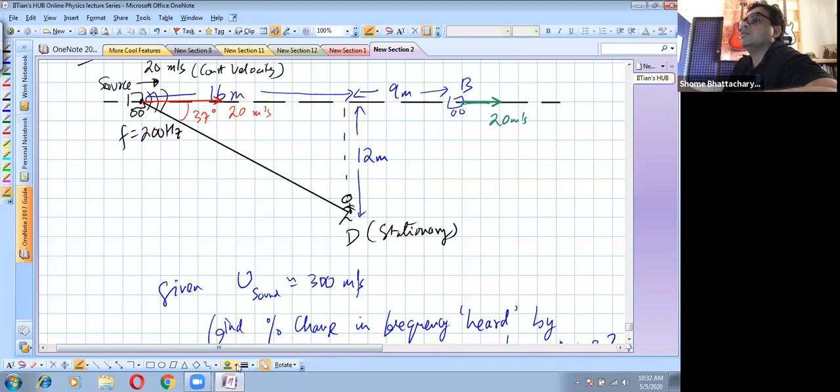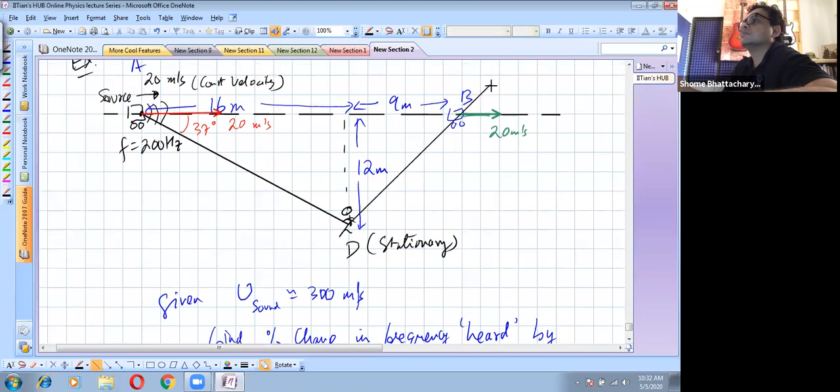But the line along which we'll have to consider this now will have to be this line. So we will be concerned with this angle as the same as this angle, which is 53 degrees.